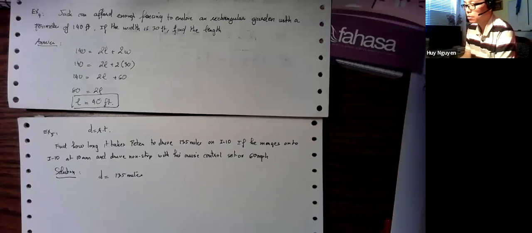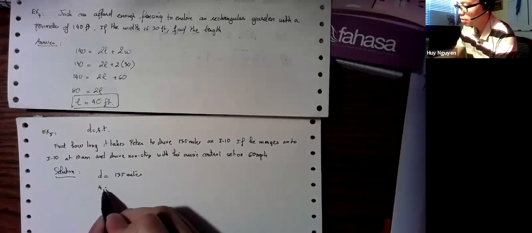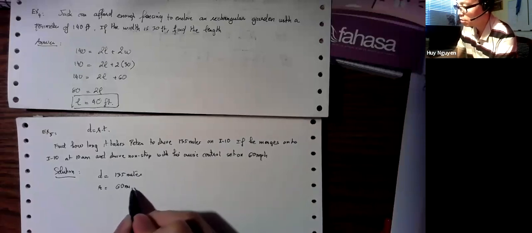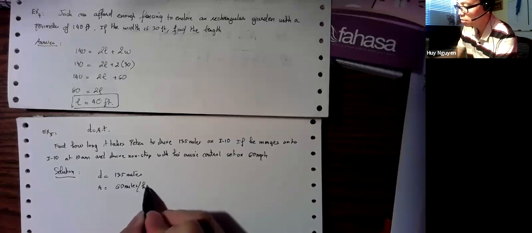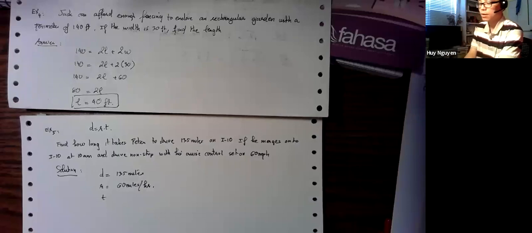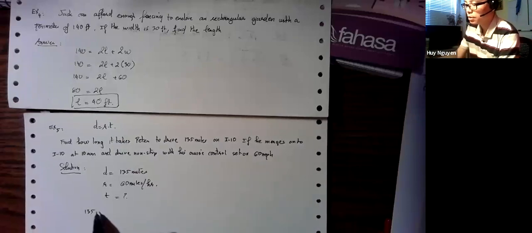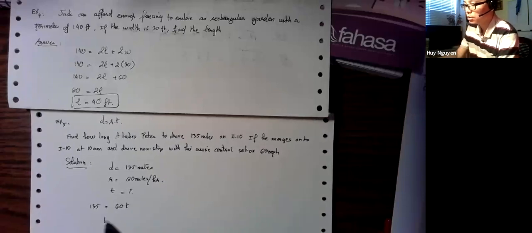They give you the speed, because the rate is 60 miles per hour. Okay, they ask you for the amount of time traveled. So easily you just plug them in: 130 miles equals 60 times t. Then you can solve for t easily.